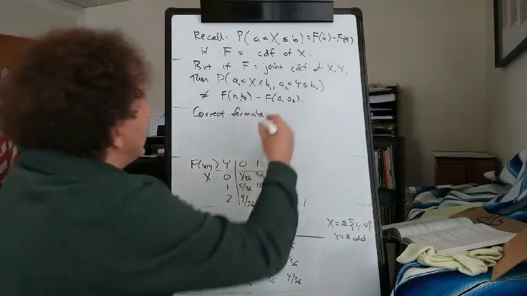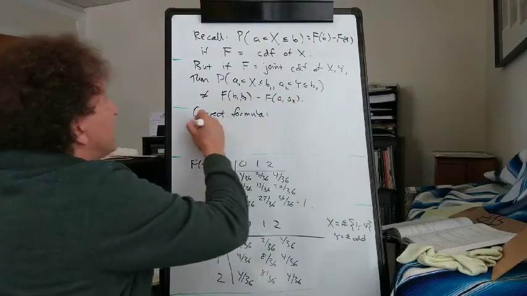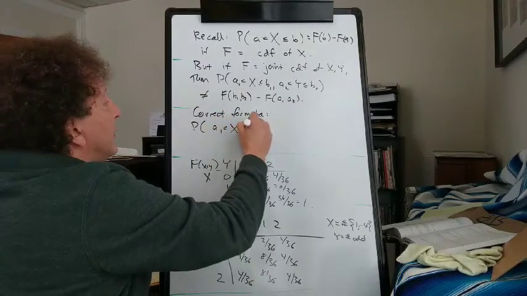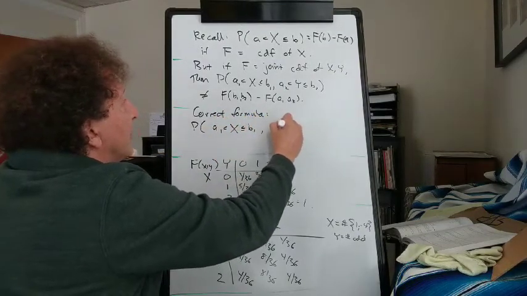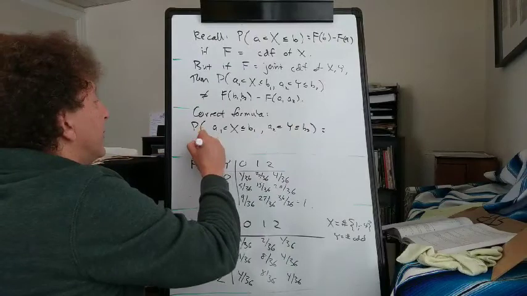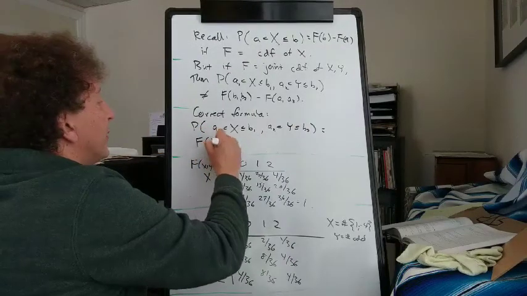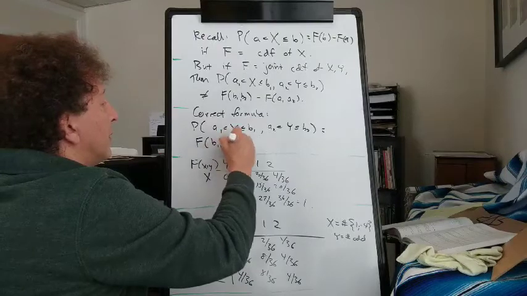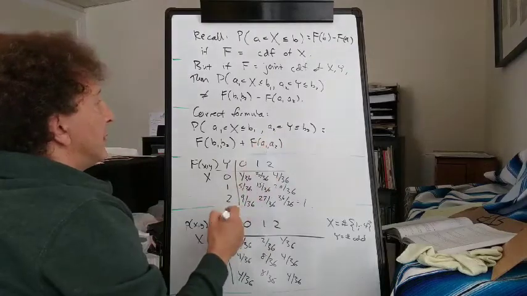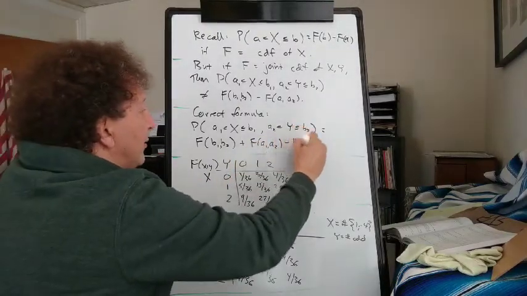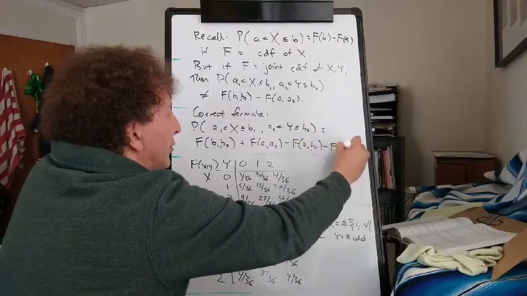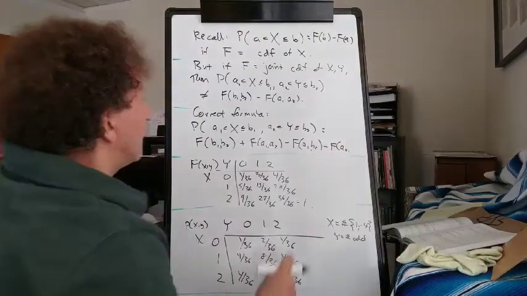The correct formula is that this probability, the probability that X is between A1 and B1 and Y is between A2 and B2 is F of the larger pair plus F of the smaller pair, so plus actually, minus F of the two combinations. So F of A1, B2 minus F of A2, B1.